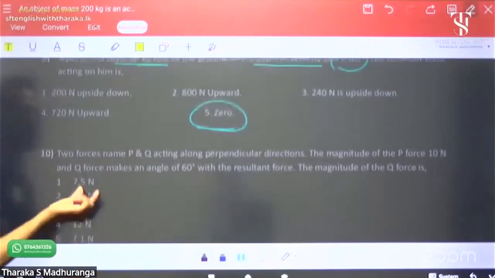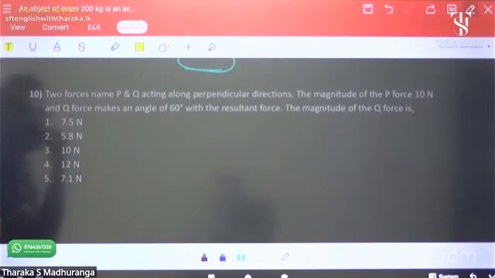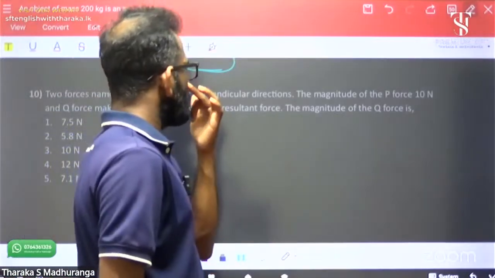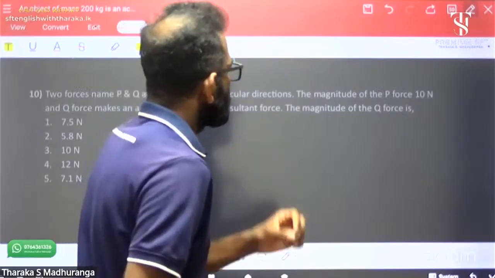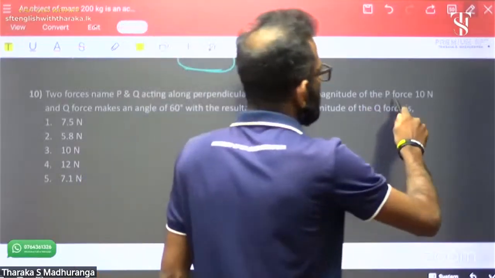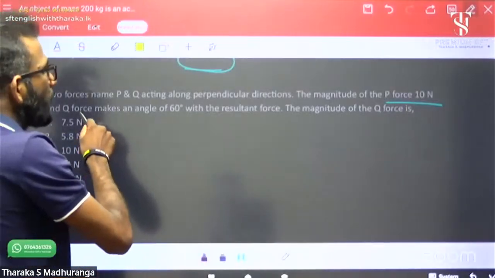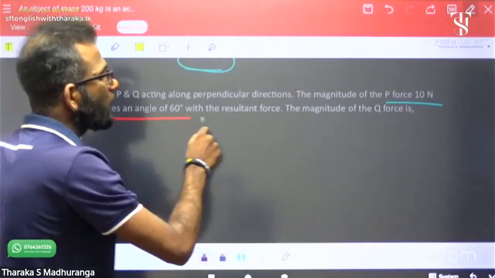Okay, let's move on to question number 10. Two forces named P and Q act along perpendicular directions. The magnitude of P is 10 Newton and Q makes an angle of 60 degrees with the resultant force.